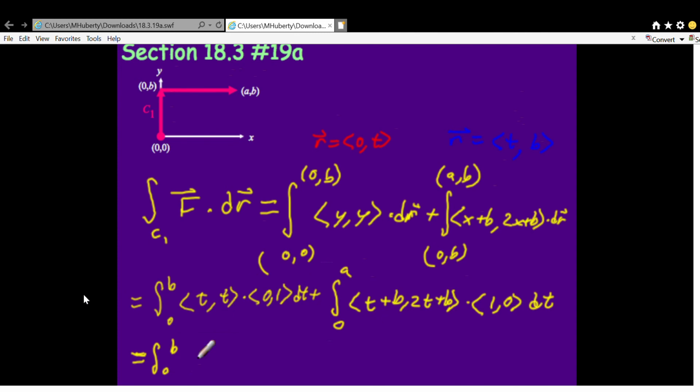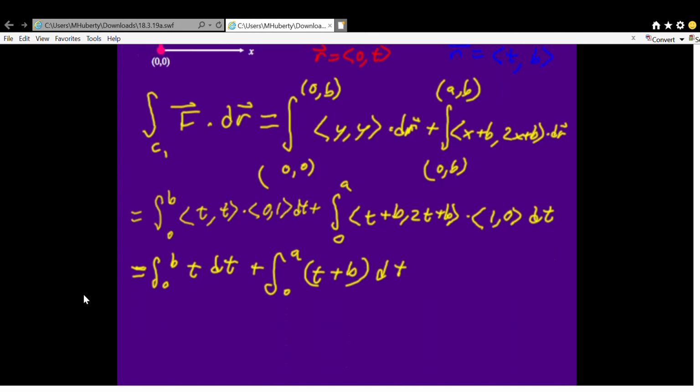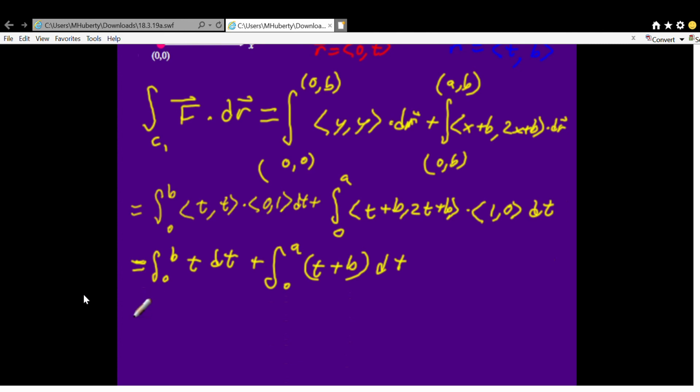And so we can do these dot products. This dot product just ends up being t dt, and this dot product ends up being (t plus b) dt. So at this point it's pretty straightforward, right?